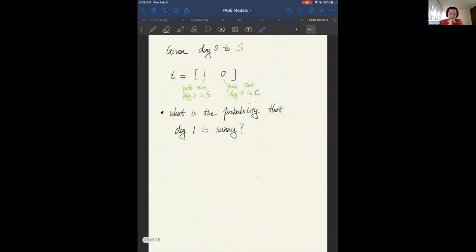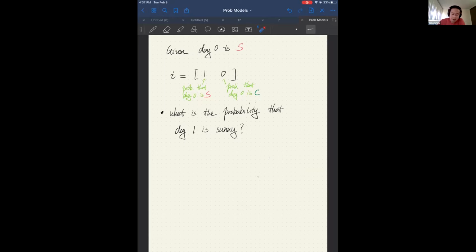Okay. So for this, let's say given that day 0 is sunny, right? So we always start with a sunny day, and in this case, we'll define a so-called horizontal vector. You can think about it as just a bracket with 2 numbers in it. Another way to think about this is as a special matrix. Before we had a 2 by 2 matrix, and in this case, it's going to be a 1 by 2 matrix.